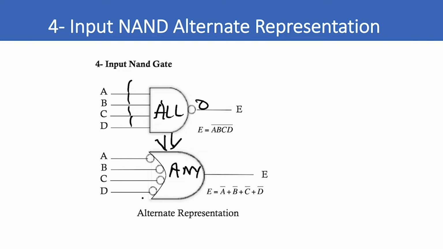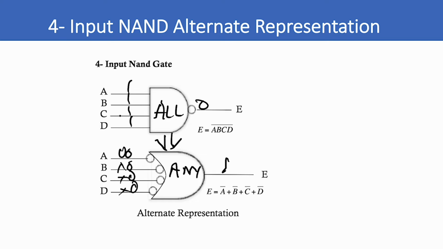For all the rest of the cases, there are 16 cases here. So the rest of the 15 cases, it says that any low, any 0 on any of the inputs, so you can have 0, X, X, X, or any 0 anywhere in this combination of inputs, the output's going to be a 1.